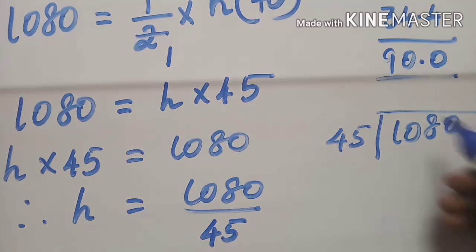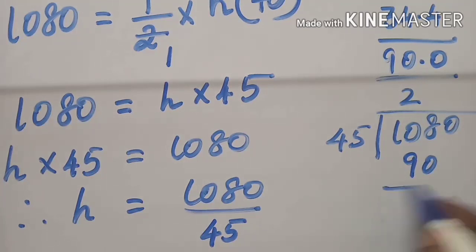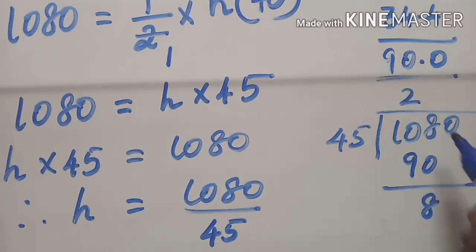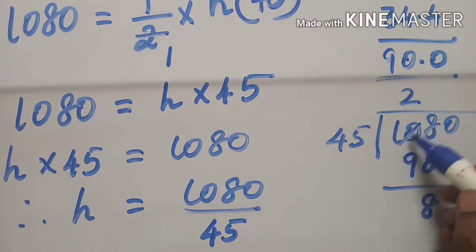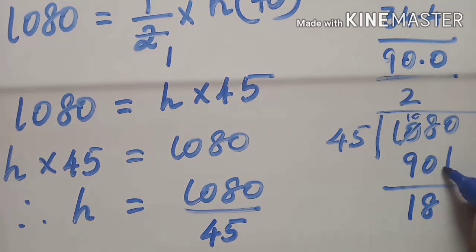So first write 2 45s are 90. Subtract it: 108 minus 90 is 18. Then write this 0 down over here.